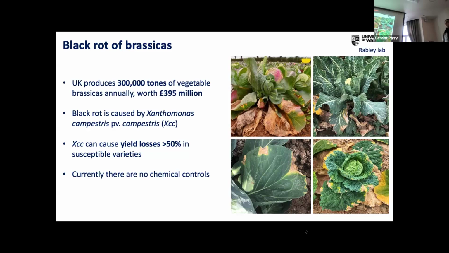When this happens on a farm, farmers need to remove the infected plants one by one. So it's quite time-consuming and expensive, and sometimes when the infection is high, farmers need to abandon their farm because it's just not manageable. There are no effective control measures currently to control this disease.